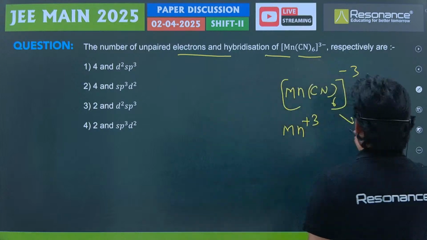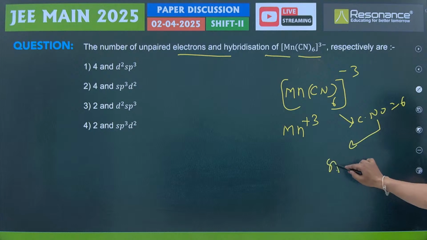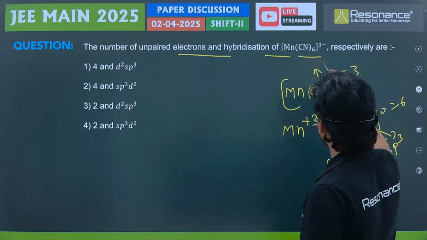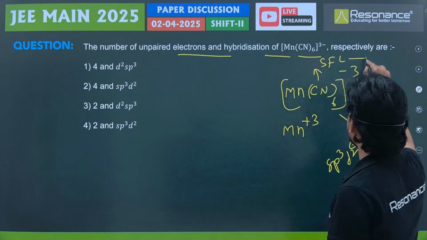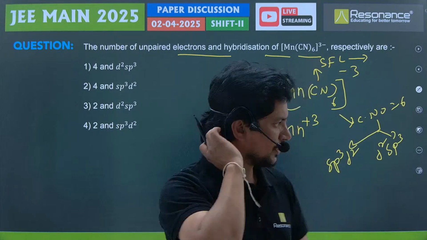Coordination number is 6. Coordination number 6 means it may be sp3d2 hybridization, it may be d2sp3 hybridization. We have to decide. Here CN minus is a strong field ligand. In the presence of a strong field ligand, what happens? Pairing takes place.